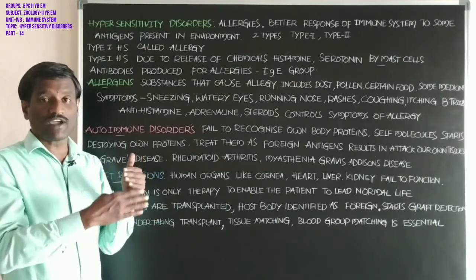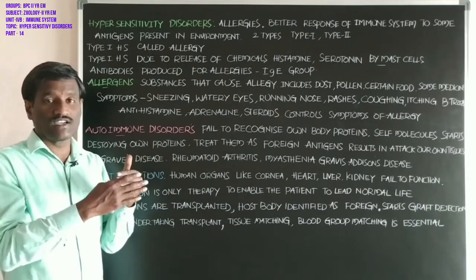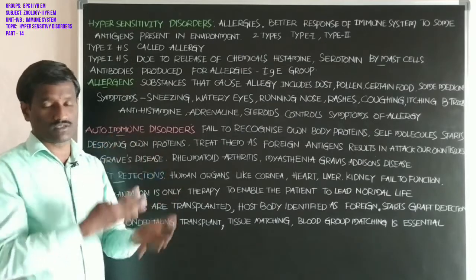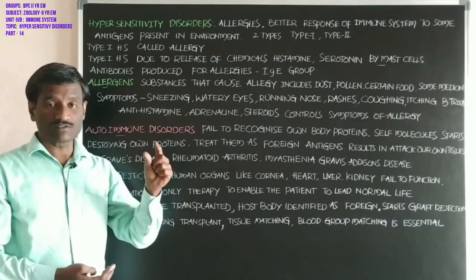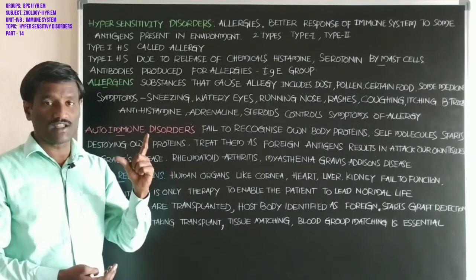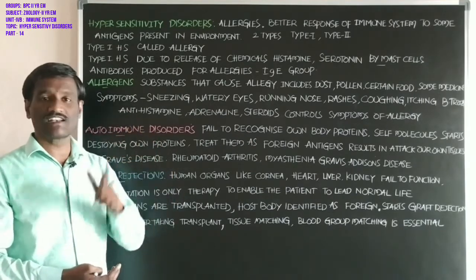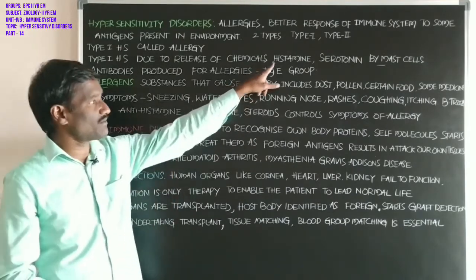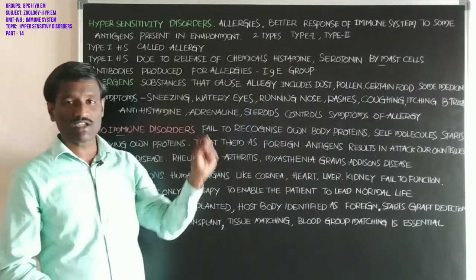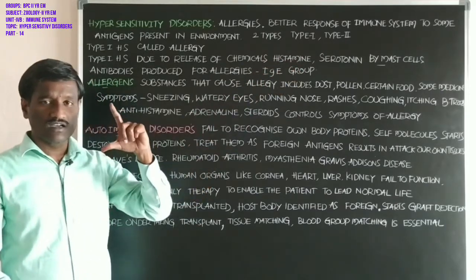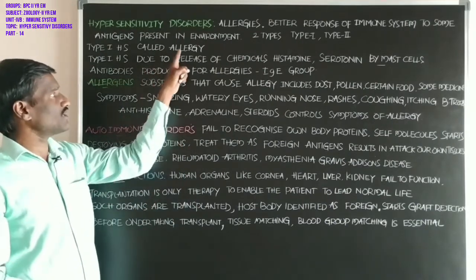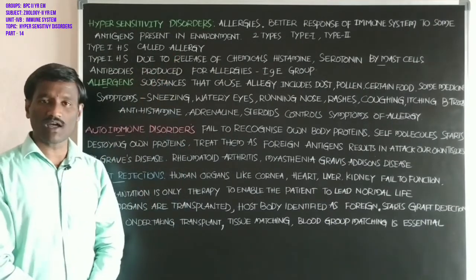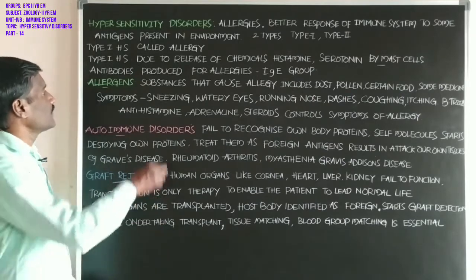Histamine also initiates the inflammatory response. The inflammatory response in the body is initiated by histamine. Both of the chemicals are released by the mast cells at the time of allergy or type 1 hypersensitivity.